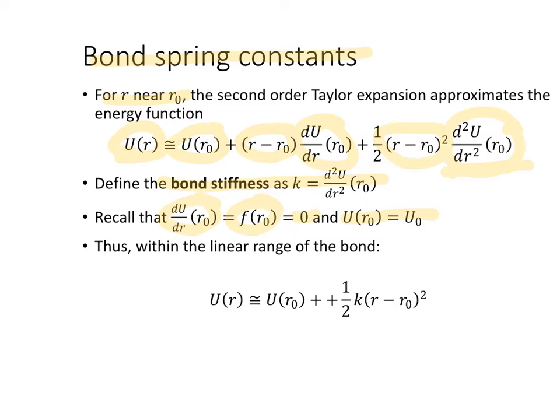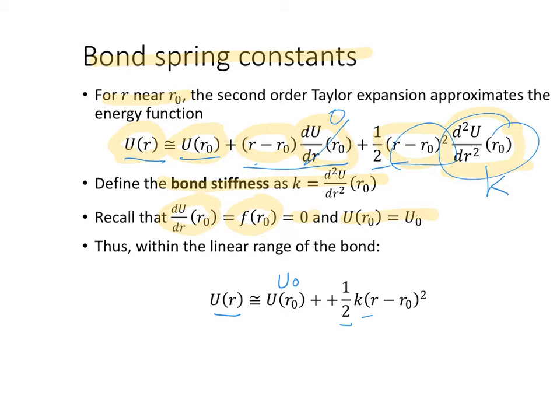And so if we exchange these out into the first function, we had said that the energy at r, we bring that over, is equal to the energy at r naught, which we could have called U naught. And then this term up here, that's 0, so that cancels out. And then this term here, we have the 1/2. We replace this with k, and then we keep the r minus r naught squared.